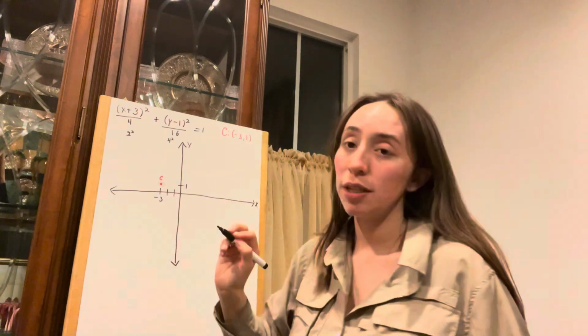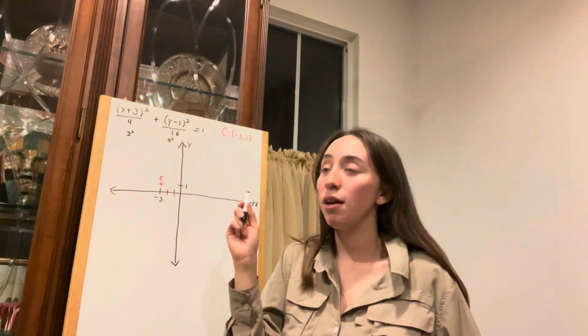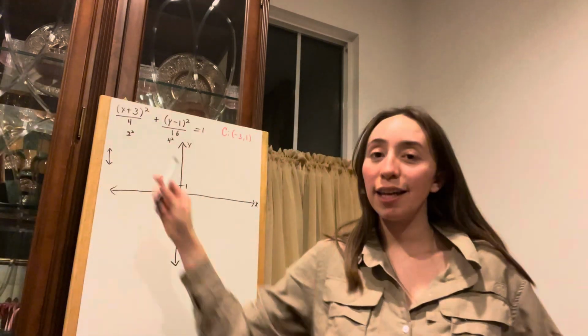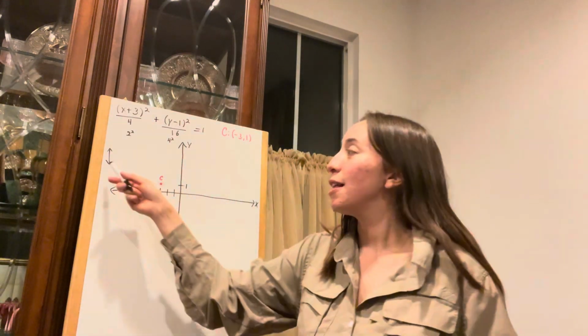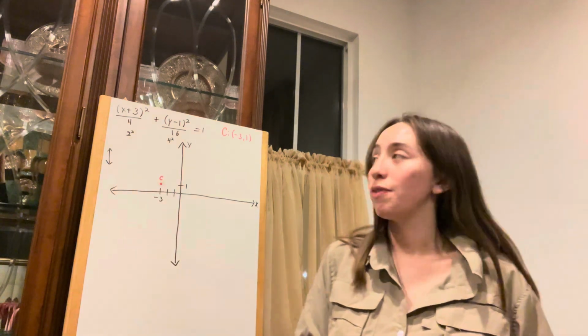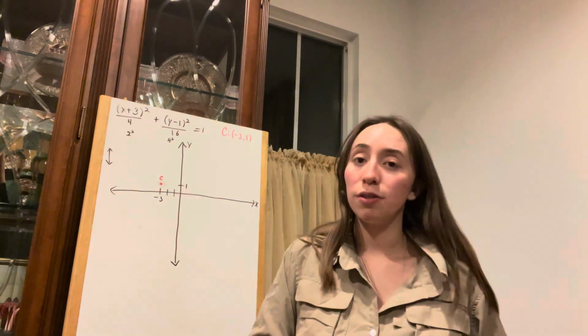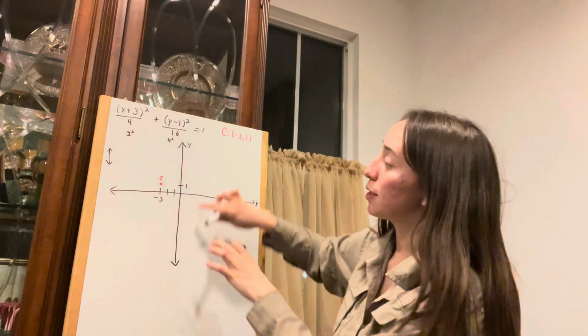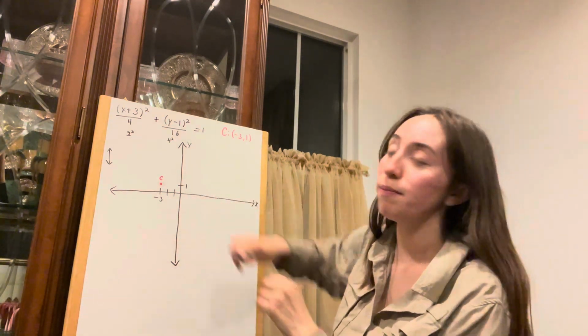And since 4 squared is larger and it's under the y, that means my graph is going to stretch vertically. I can't really show you that much, but we know that my graph is going to stretch vertically because 4 squared is larger than 2 squared and is under the y. So we know that my graph is going to go more like this shape.